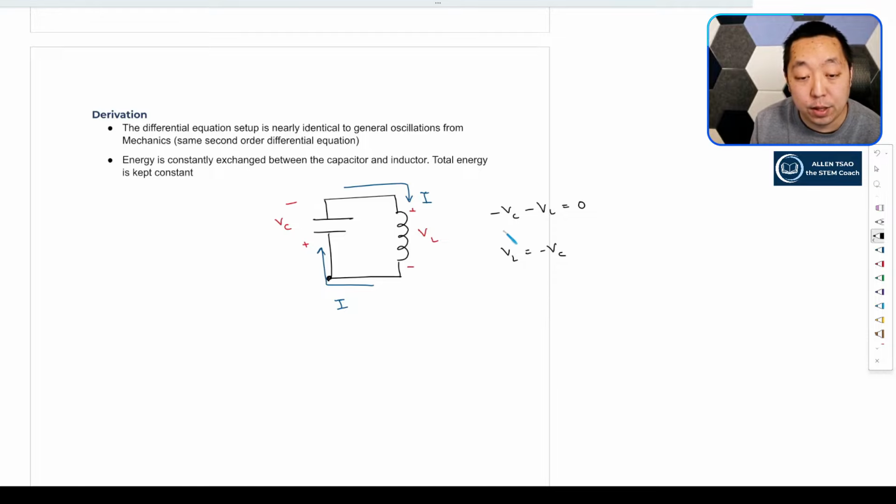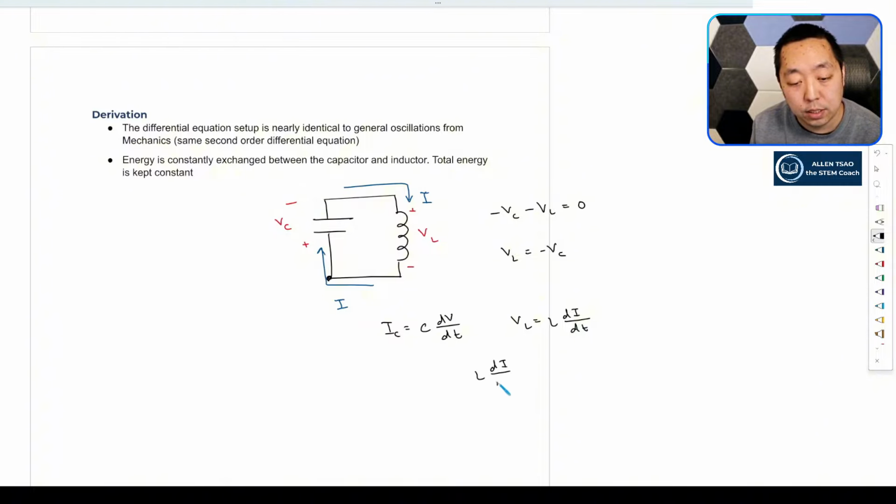Now, what are the equations that relate the current? We know for a capacitor, the current through the capacitor is C dV/dt. And for an inductor, we know VL is L di/dt. So on this side, we have L di/dt, and on this side, negative VC. But it's the same current, so the current through the capacitor is I. Therefore, di/dt is equal to C times the second derivative of the voltage, d²V/dt².